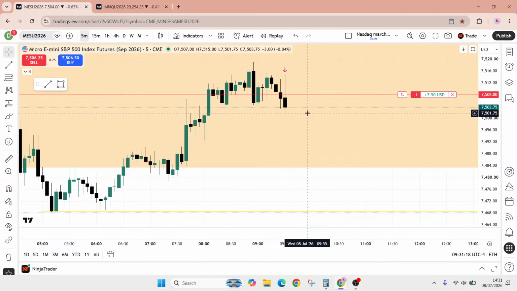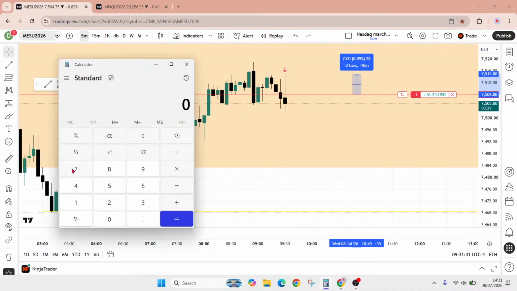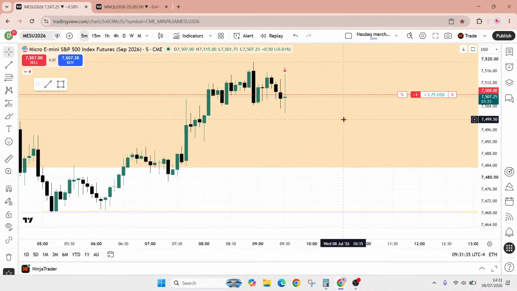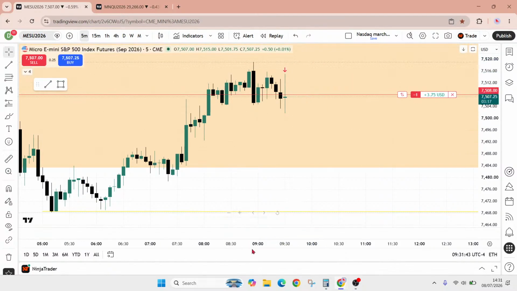I want to wait for this 5 minute to close. So from here to here, let's say 7 handles. 7 multiplied by 5 is 35. But from here to here is 11 handles. That's 55.